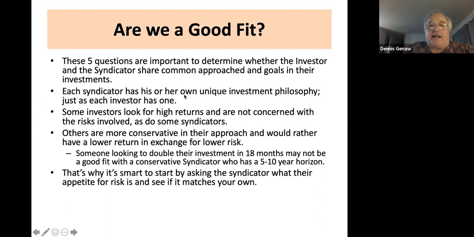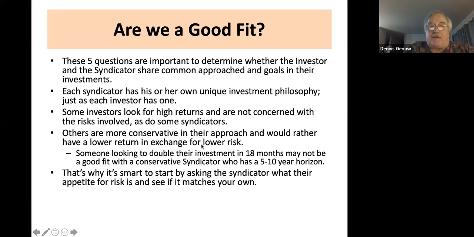Because you're going to find that each syndicator has their own unique investment philosophy. Some look for high returns, and that means there's a higher risk involved. And then there are others that are more conservative in their approach and would rather provide lower returns in exchange for lower risk. So if you're someone who's looking to double your investment in a short period of time, then a 5 or 10 year hold is not for you.